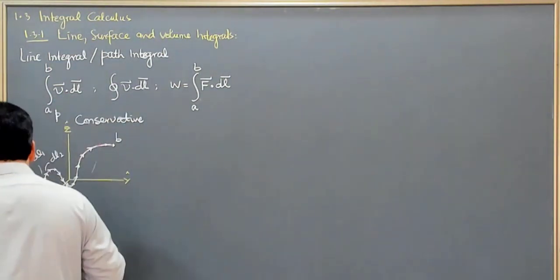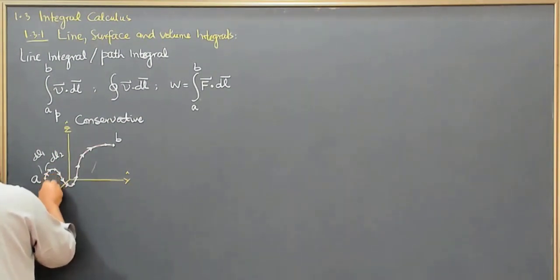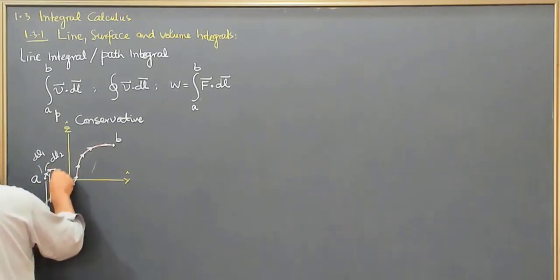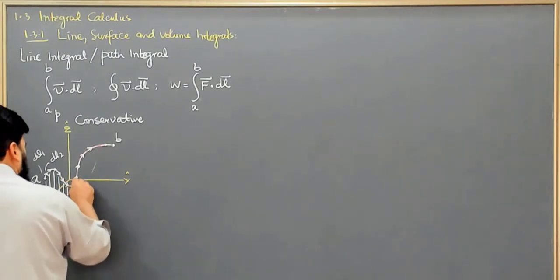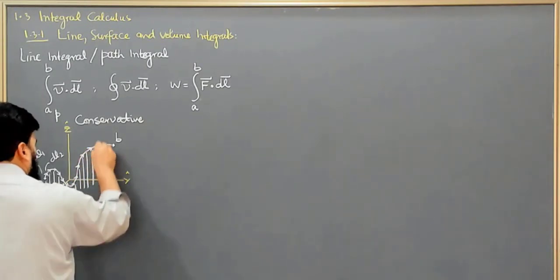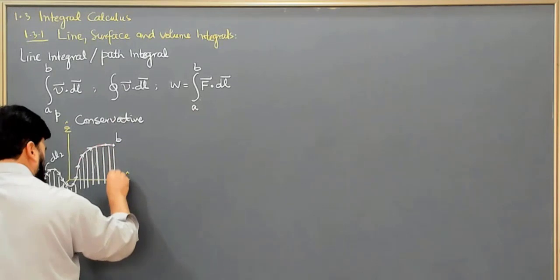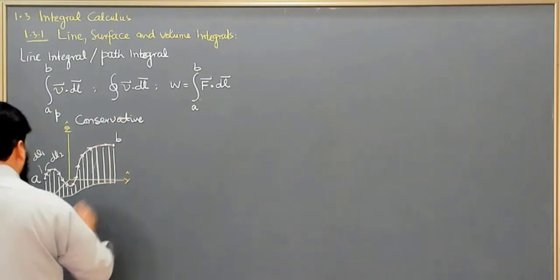So this is the area under the curve. This area is covered here, and similarly all this area is covered here, and we will have something like this.